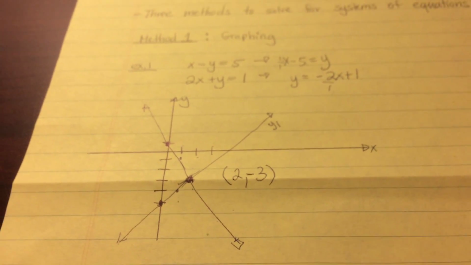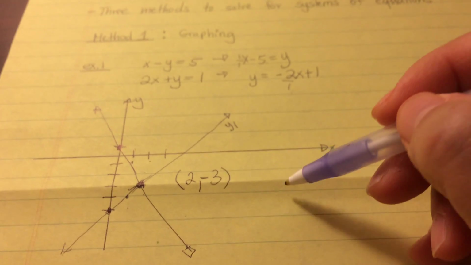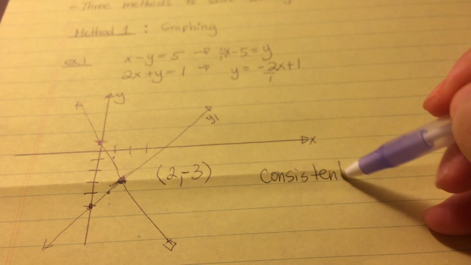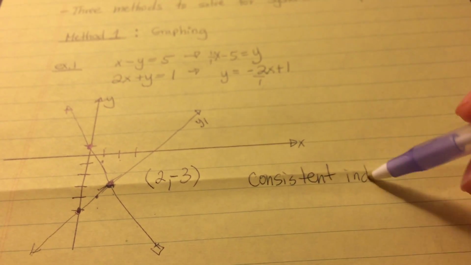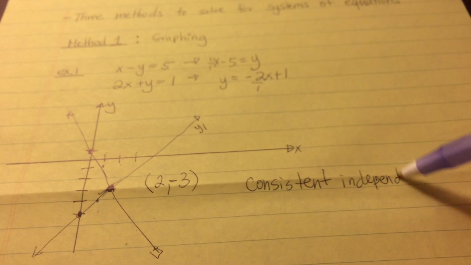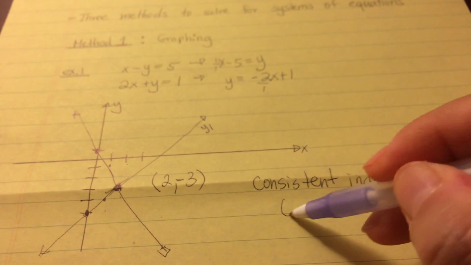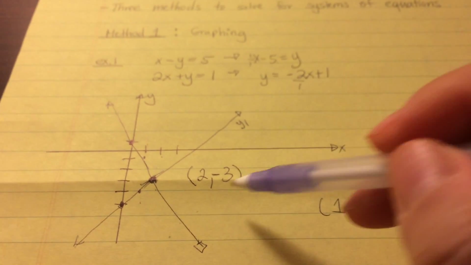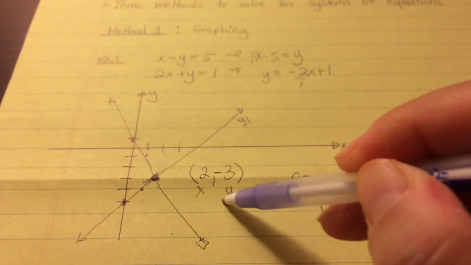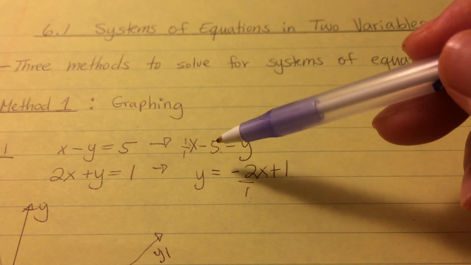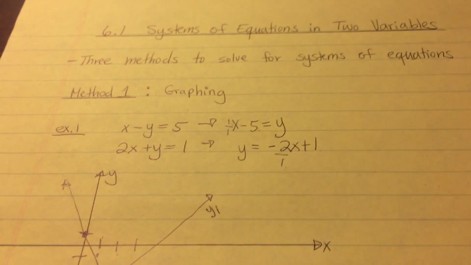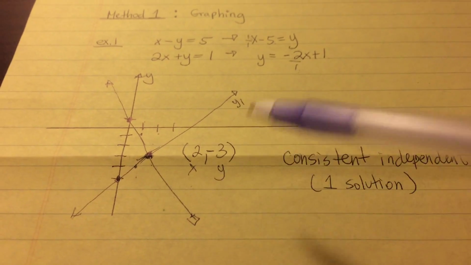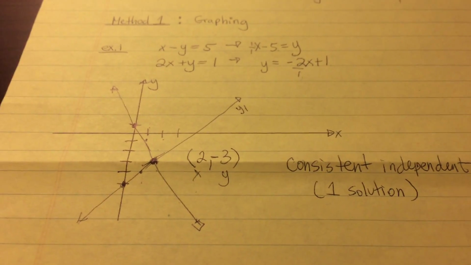That's called consistent independent, and that usually gives us one solution, where this is the x number and this is the y number. Because there are x's and y's in these equations, we're trying to solve for the x value and the y value. So that's one way to solve it, by graphing it.